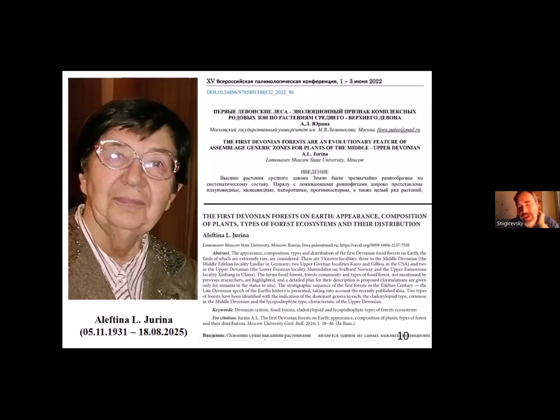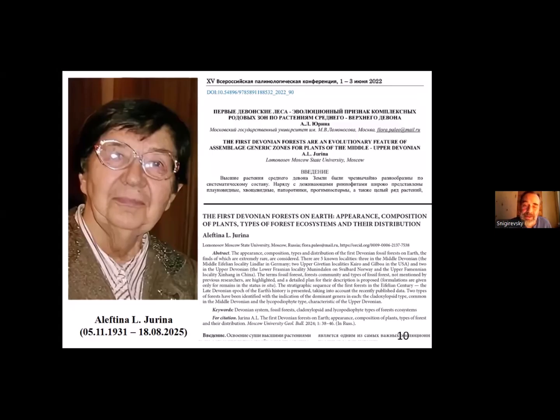She classified all the Devonian fossil forests and wrote two very important articles, but in Russian, and these publications are not as widespread as English publications.